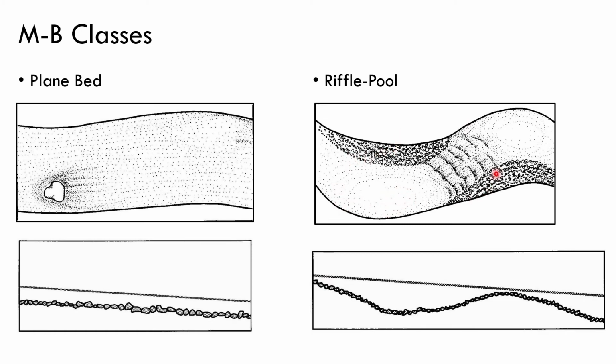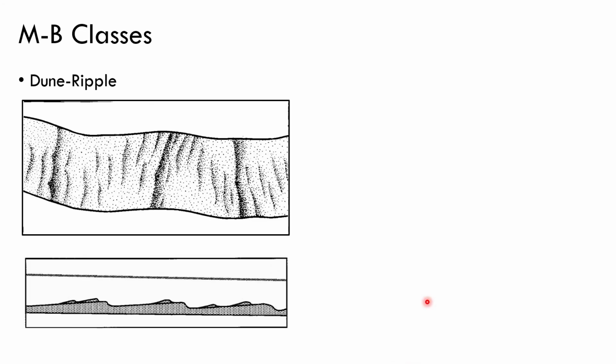So, big deep pools, usually with sandbars, and then riffles in between the pools. And then getting down into flatter terrain and sand-bedded systems, we get ripple dune morphology.